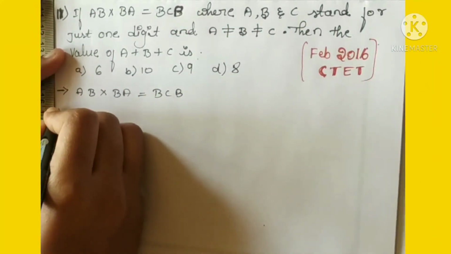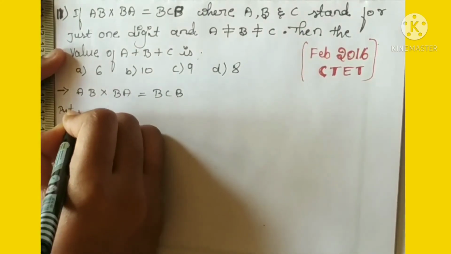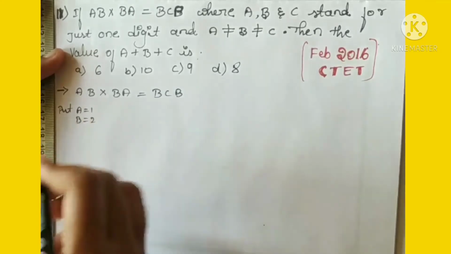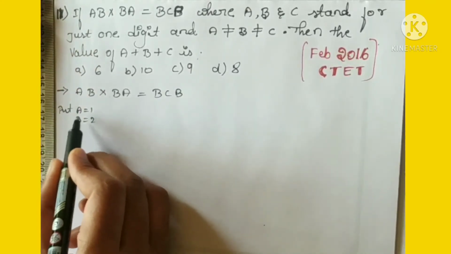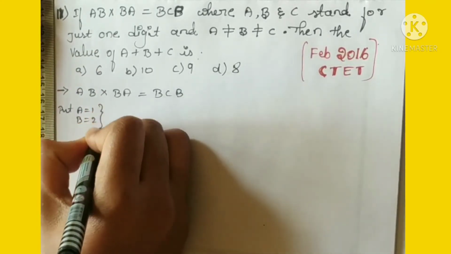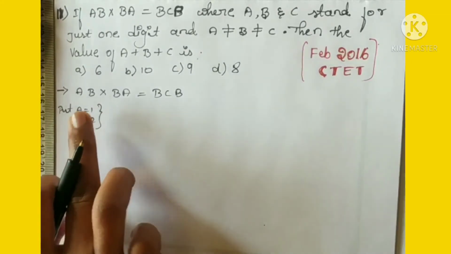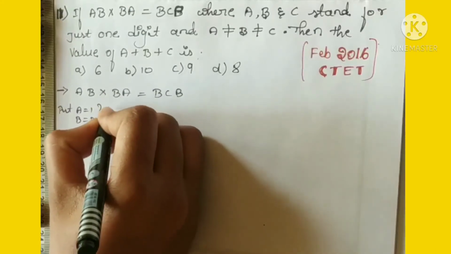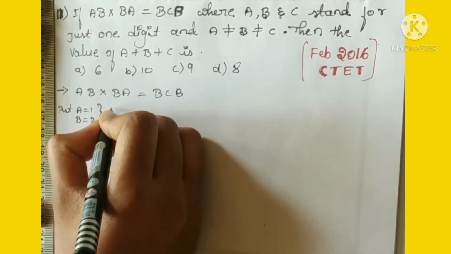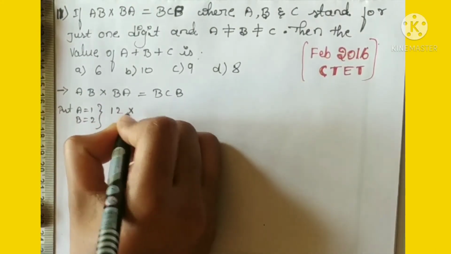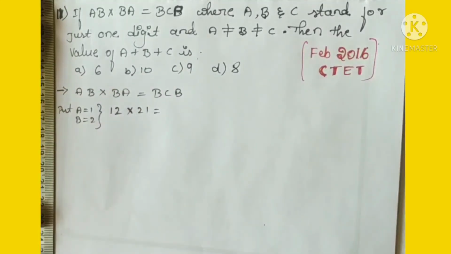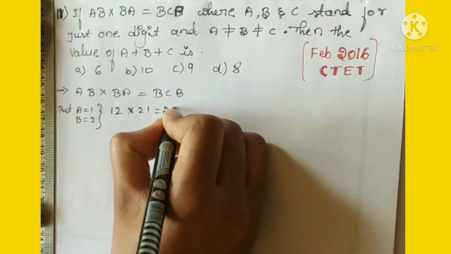Suppose if you put A is equal to 1 and B is equal to 2. These values I selected randomly. Suppose if I put A is equal to 1 and B is equal to 2 in this equation, I will get 12 into 21, which is 252.